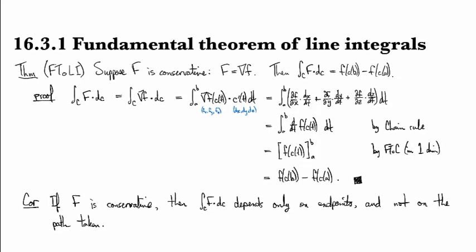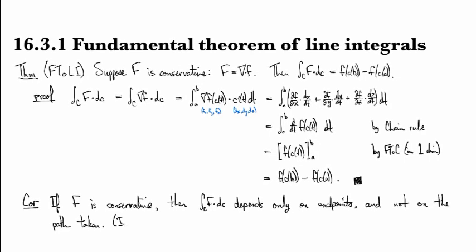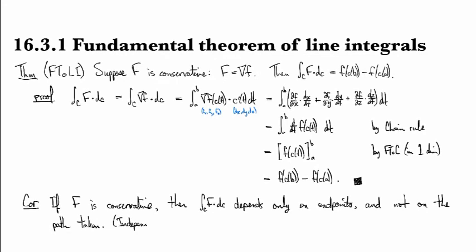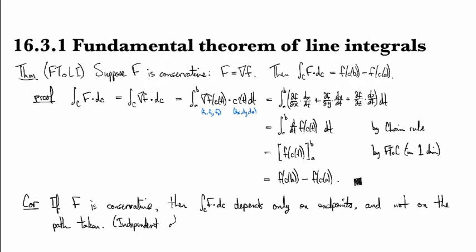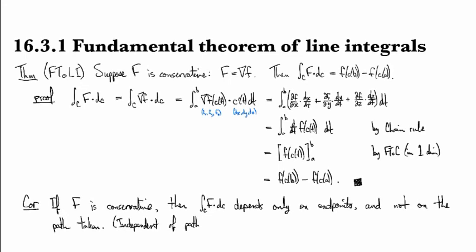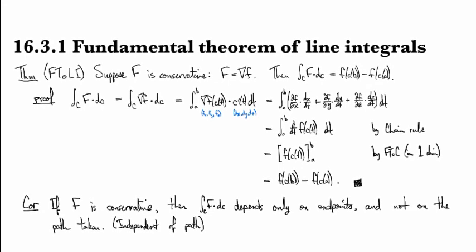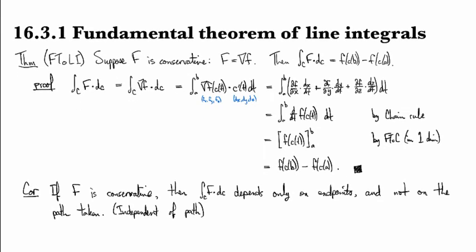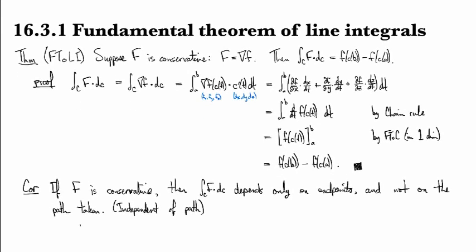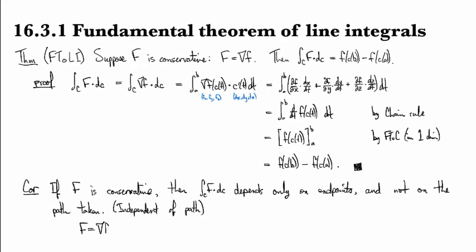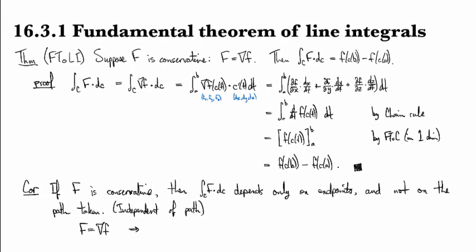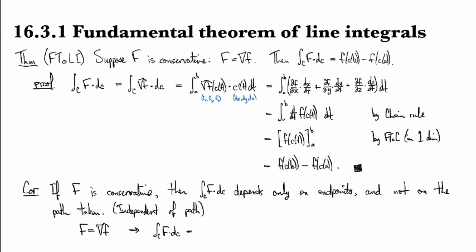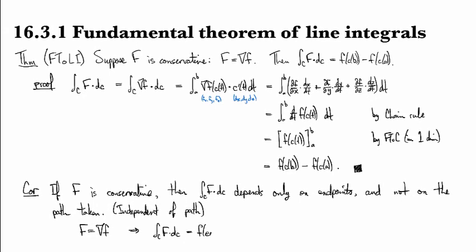And so it's independent of path is how this property is sometimes expressed. So, in other words, if F is a gradient, then the integral of F dot dc is just f of the endpoint minus f of the start point.